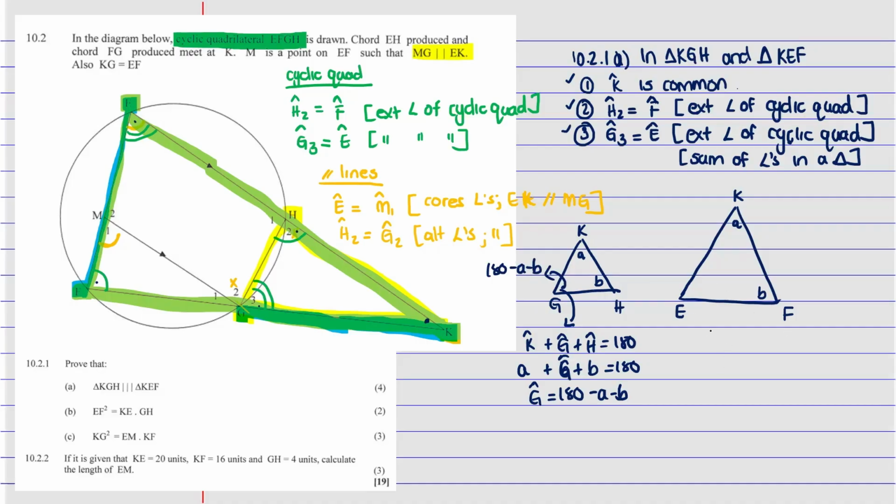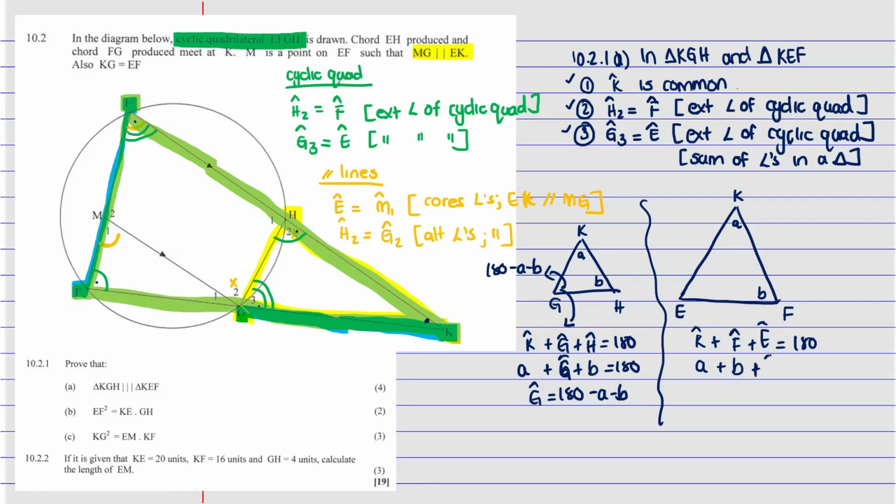Also here, when we calculate angle E, finding the sum of angles of this triangle is going to be angle K plus angle F plus angle E, and that's going to be equal to 180 degrees. We already know that K is A. We already know that B is this one.